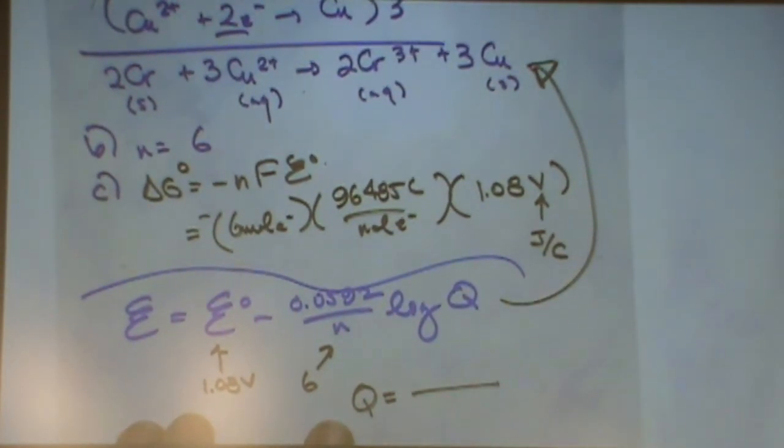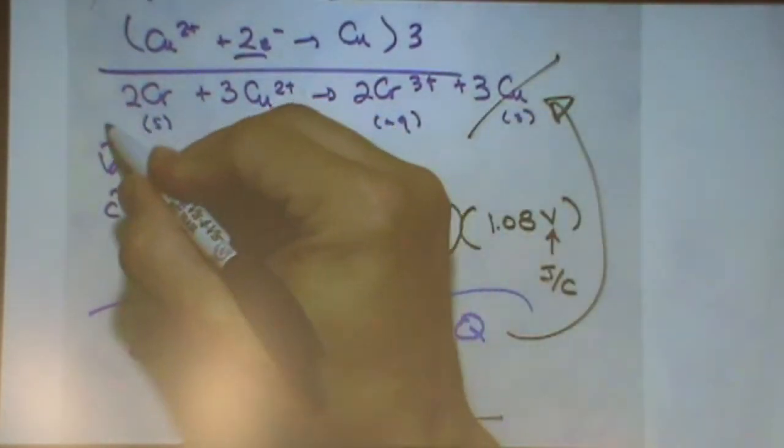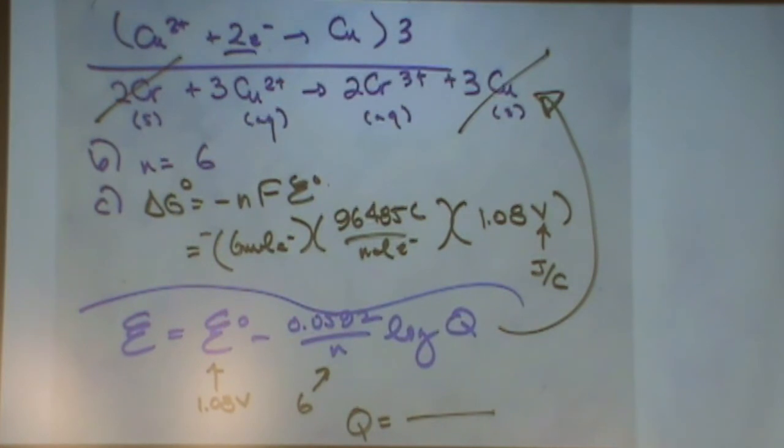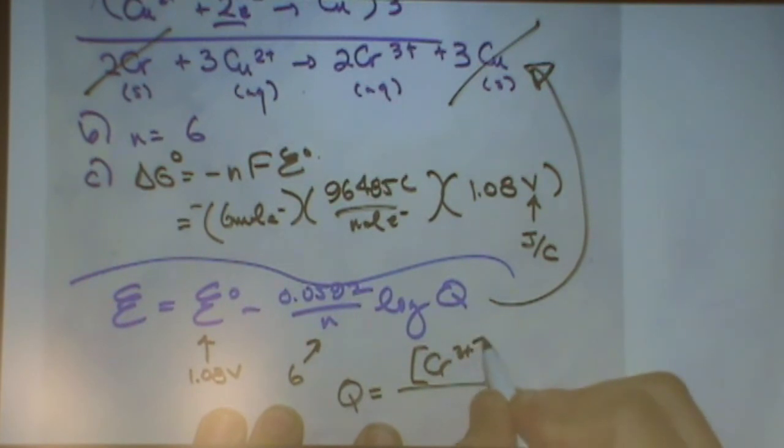So let's write Q. Ignore solids, so I'll just cross it off on this part. Ignore the solids and ignore liquids. Then you go products over reactants. So the question earlier about what's Q or K, here we go. For either of them, you'd write products, so you include aqueous or gases. Whatever's present. So chromium 3 plus is in the products.